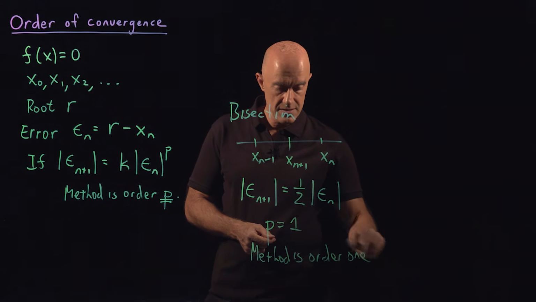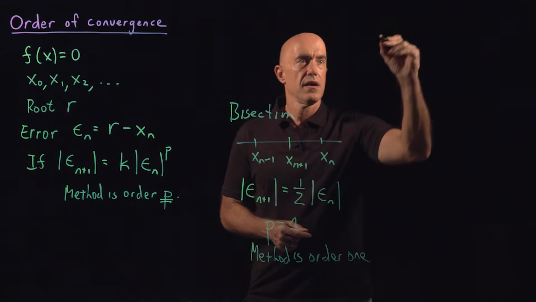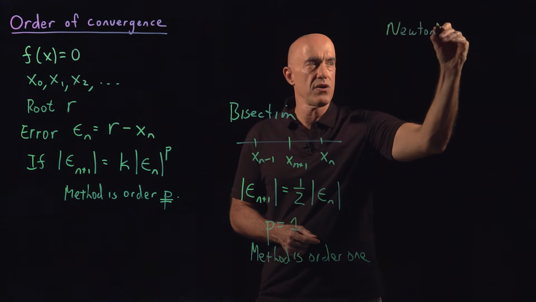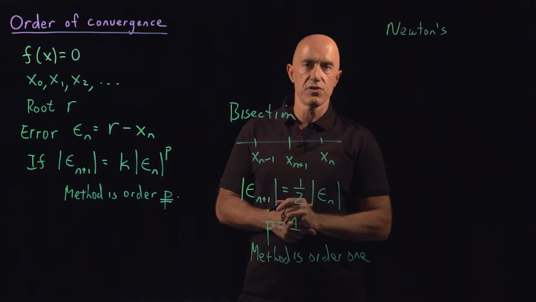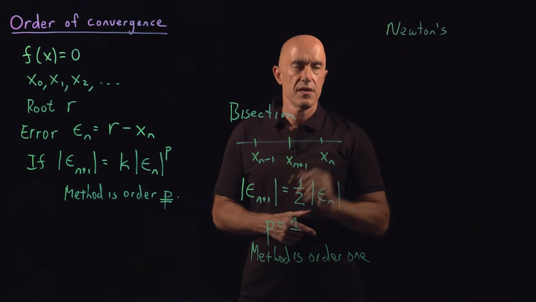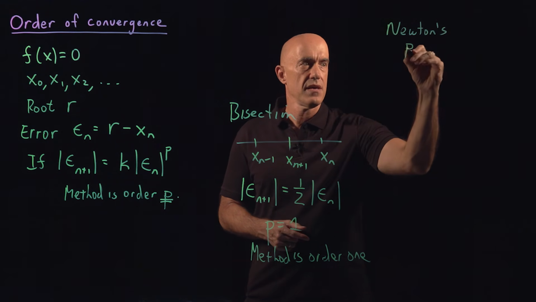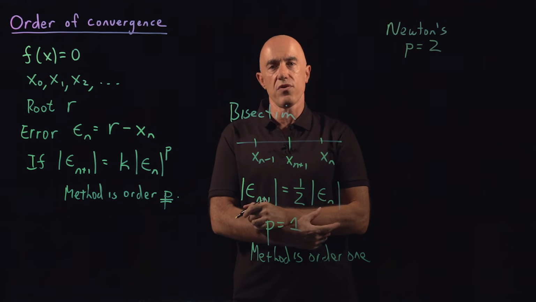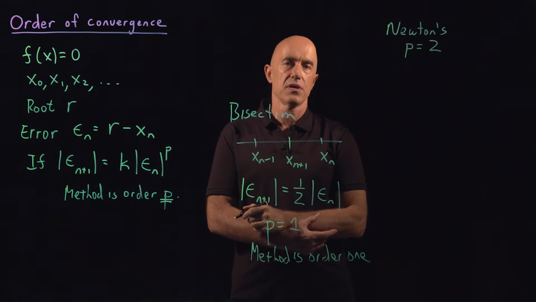That's the slowest method. We're going to compute in the next video the order of convergence of Newton's method. This is the fastest method, and I will try and show you that the order of convergence is 2.